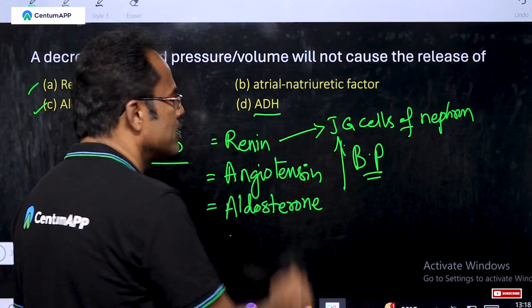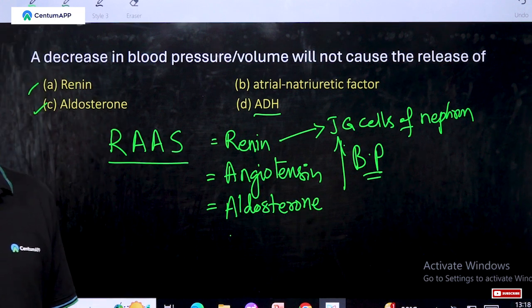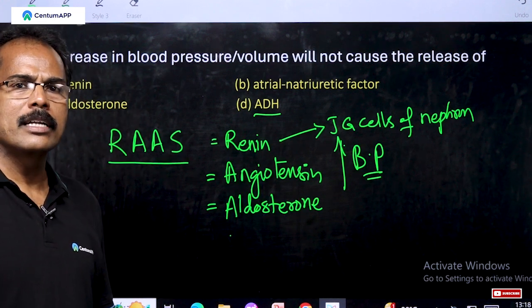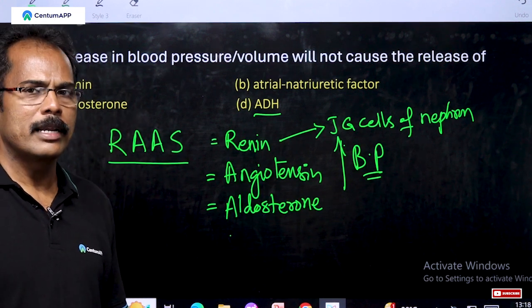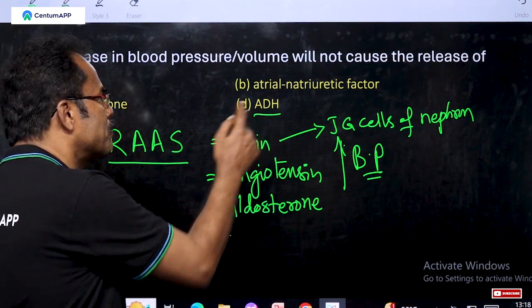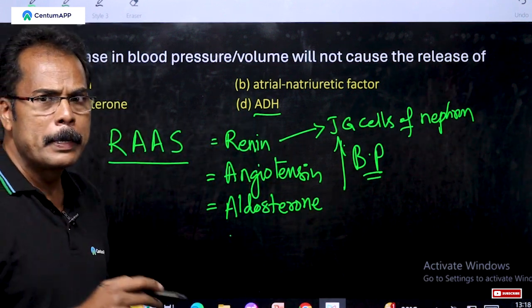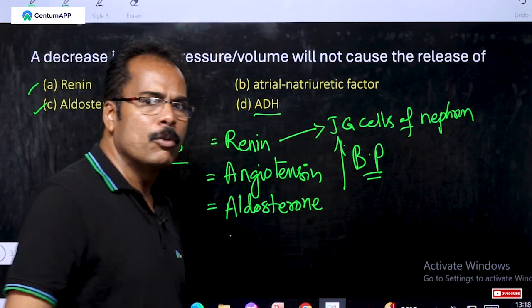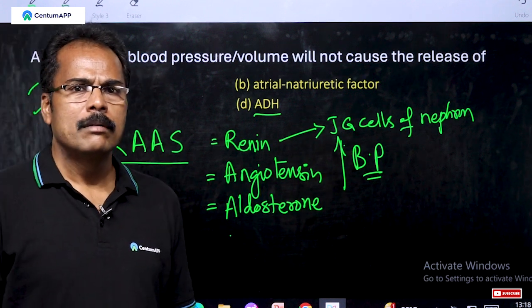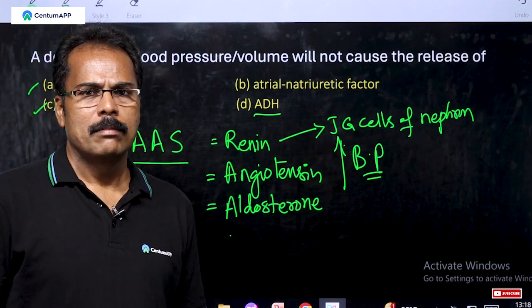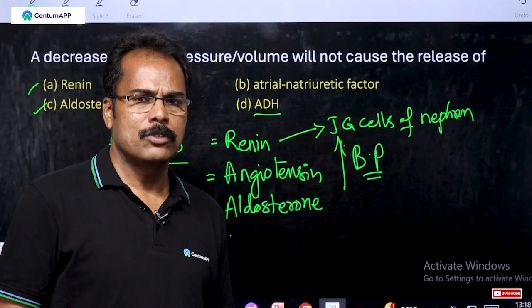Next, ADH is released by the posterior lobe of the pituitary gland, which helps in the absorption of more water from the distal convoluted tubule.